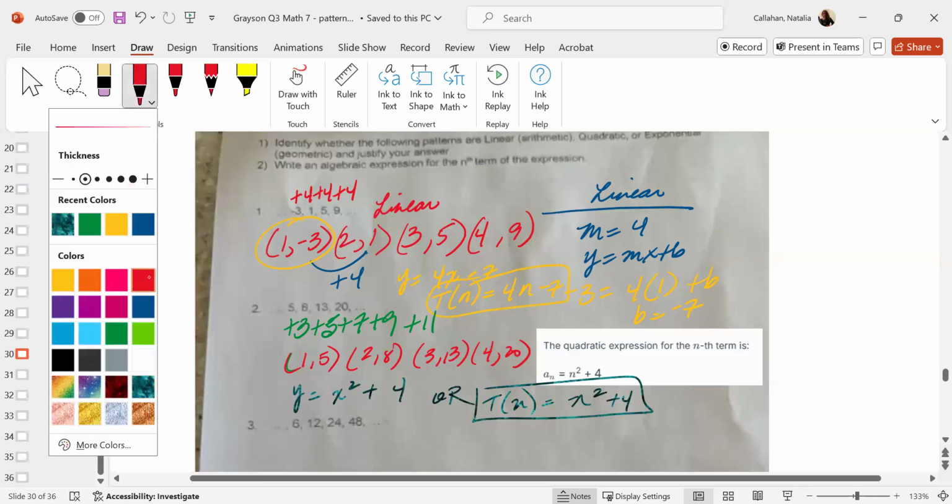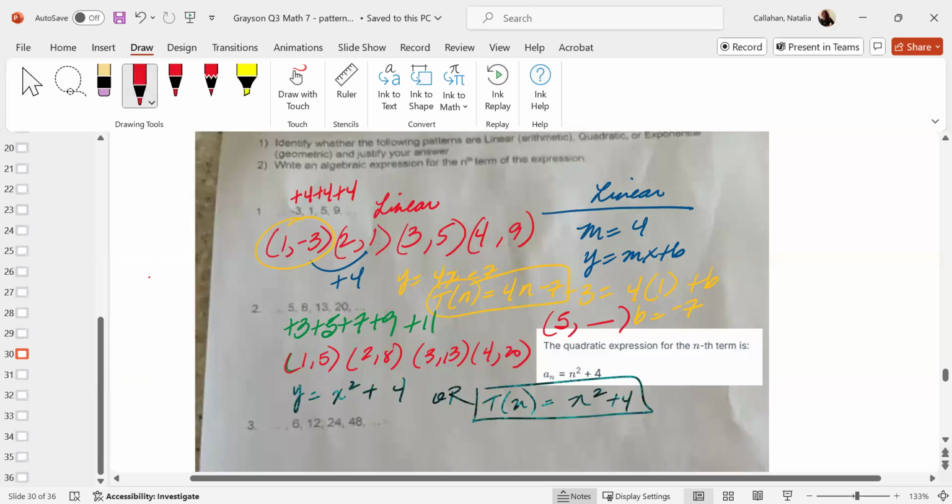So on your paper, right, if it's 5, comma, blank, what would that be? Actually, let's not put 5. Let's put 10. What would the y value be for that one? So you'll do t of 10 is equal to 10 squared plus 4, which is 104.